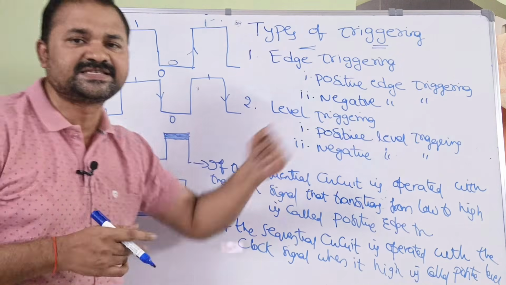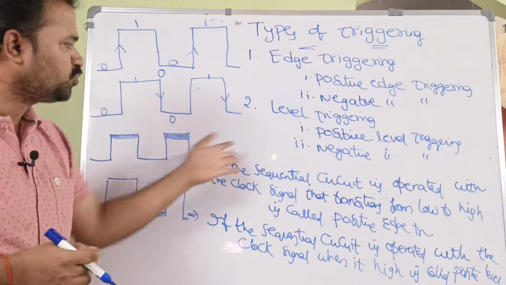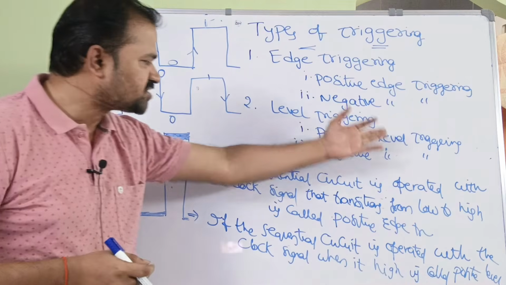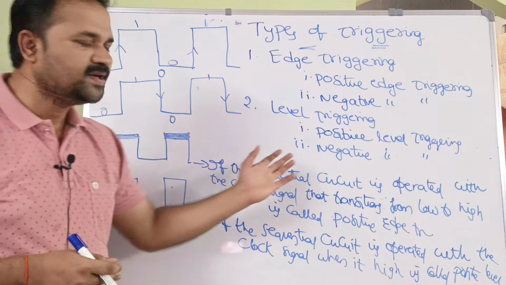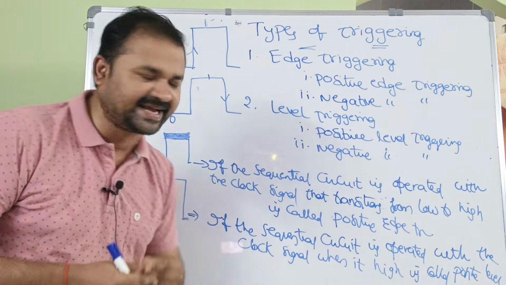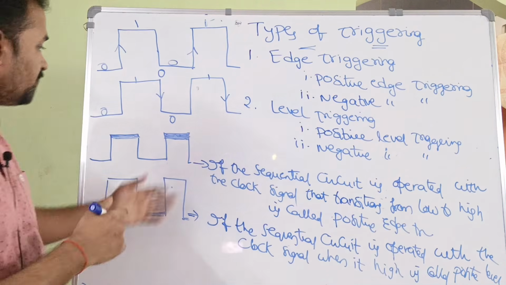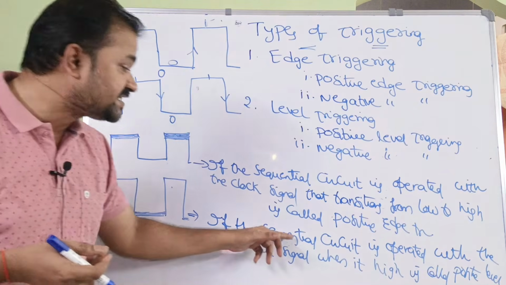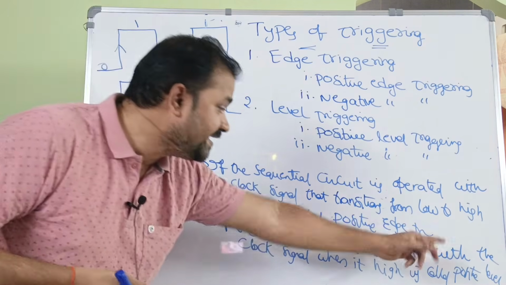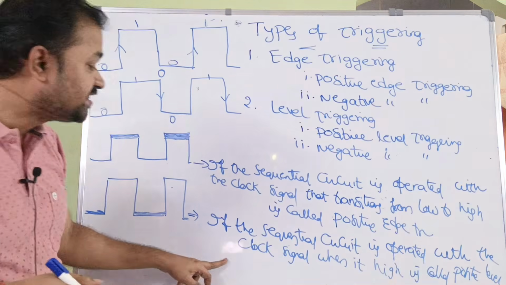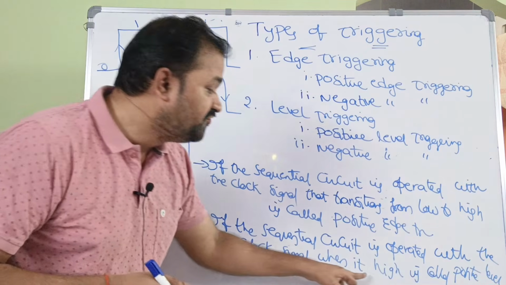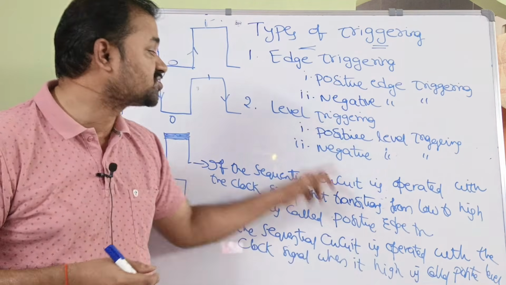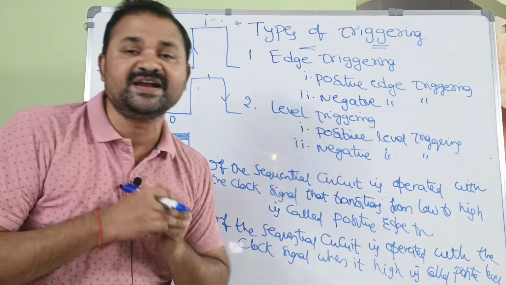And the second one is level triggering. We have two types of level triggering. First one is positive level triggering, second one is negative level triggering. First let us see positive level triggering. If the sequential circuit is operated with the clock signal when it is high, it is called positive level triggering.